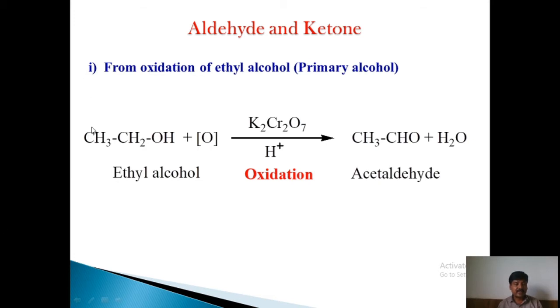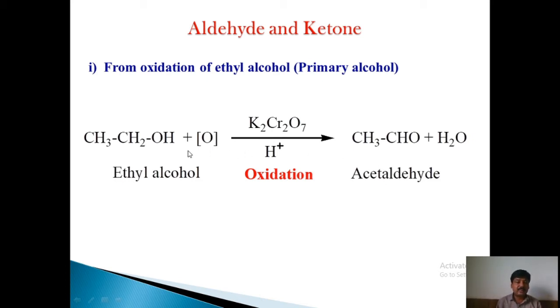So the first reaction is the oxidation of ethyl alcohol by using potassium dichromate, that is K2Cr2O7, as an oxidizing agent in presence of acid to give our target compound, that is CH3CHO, acetaldehyde.